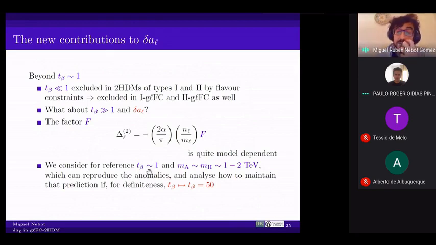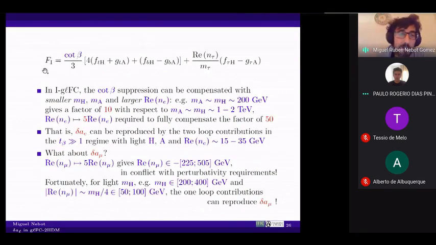So what should I modify if I want to make tan beta 50 work? Take for definiteness the first model, and you see that in this F factor, now you are putting a factor of 50 suppressing the dominant terms. So you will need to compensate for that.